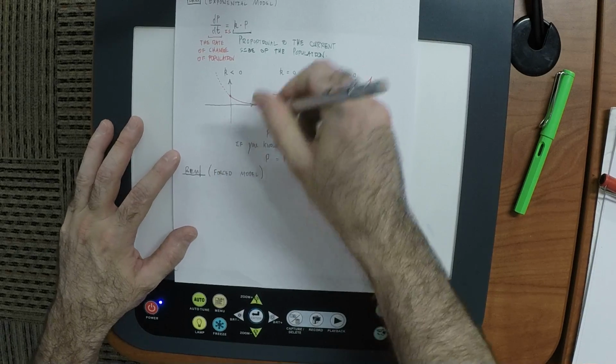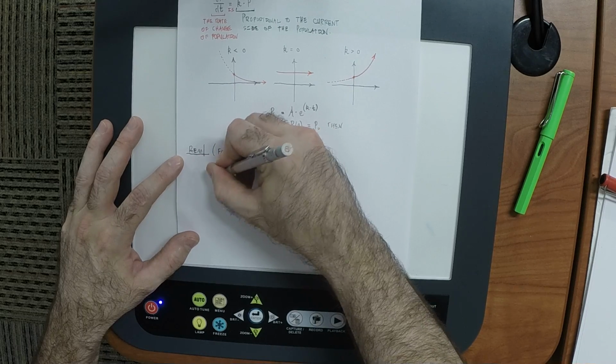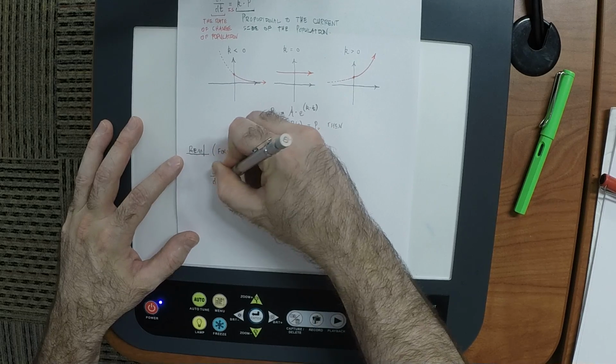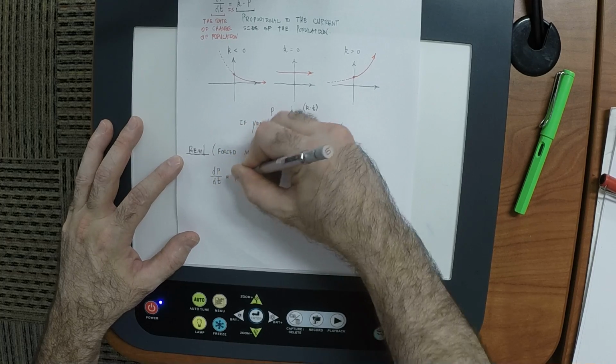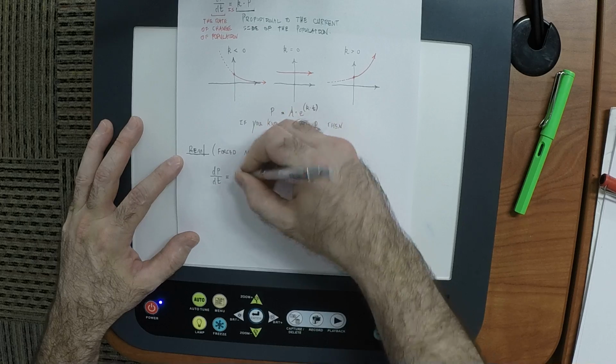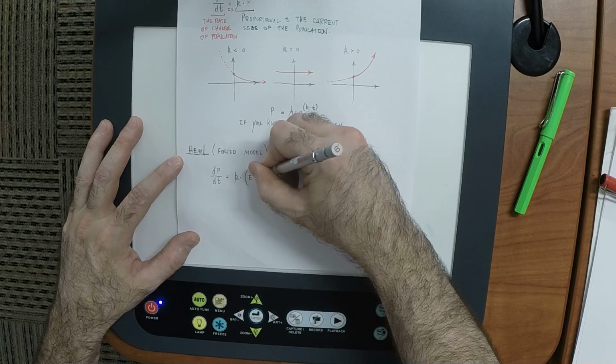It's very similar to the exponential model, and it is this: dP/dt is k multiplied by (E minus P).